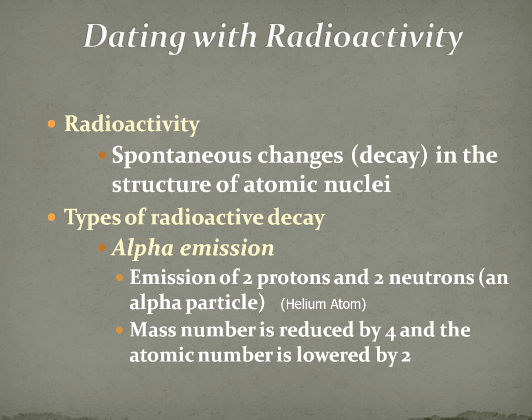It's not exactly a helium atom. It's similar. It's the same number of protons and neutrons, but a helium atom is going to have some number of electrons. Anyway, when you eject this alpha particle out of the nucleus, you're going to reduce the atomic number by 2, meaning that you've lost 2 protons. That means you now have a completely different element, something different than you started off with, and the mass number will be reduced by 4.